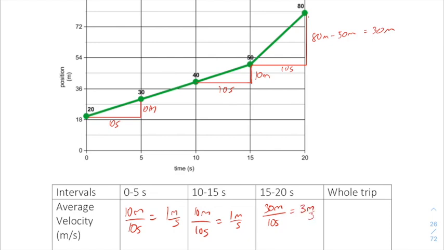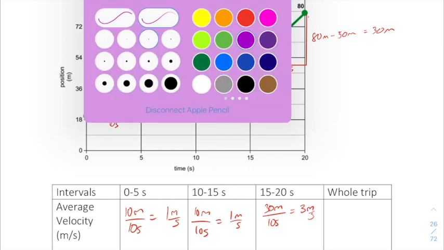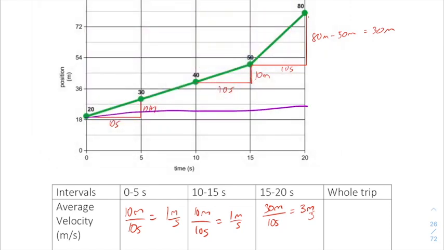And the whole trip, starting in a different color here, from here all the way to here, we are going from 20 seconds. Oh, are they 5 seconds apiece? Oh boy. Well, we'll go back in a second. 20 seconds minus 0 seconds gives us a total of 20 seconds.